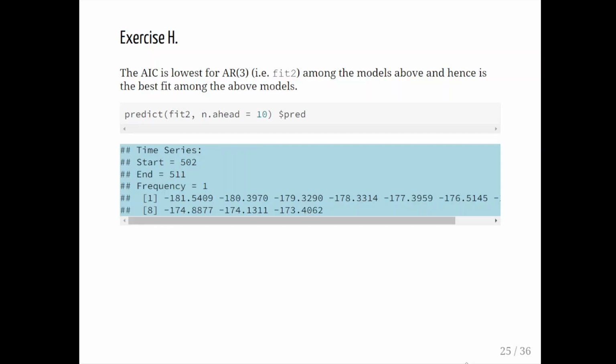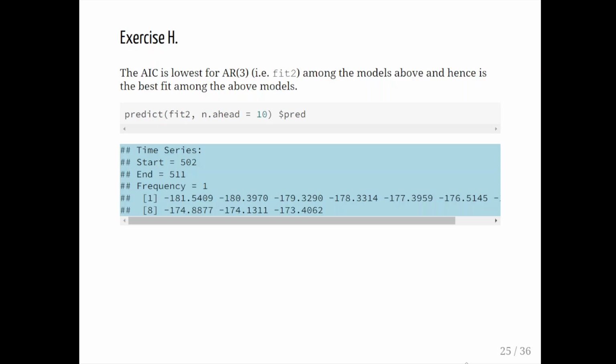Just as a quick remark, we are asked for the best fitting model, which we discussed previously. That is fit 2, the AR3 model, and that's because the AIC value is the lowest. What we're going to do is predict the next 10 values for that model.